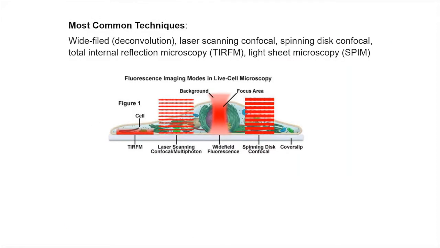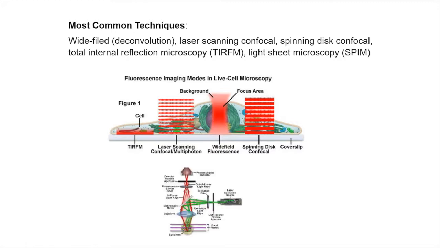In general, there are different ways of doing epifluorescence imaging, and some of them are depicted here. Generally you expose cells to excitation light. In wide field fluorescence, you expose cells to excitation light, whatever fluorophores emit is collected, and that signal is analyzed.